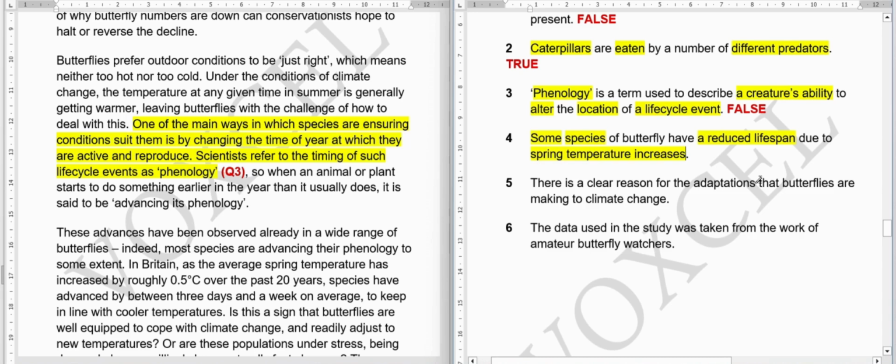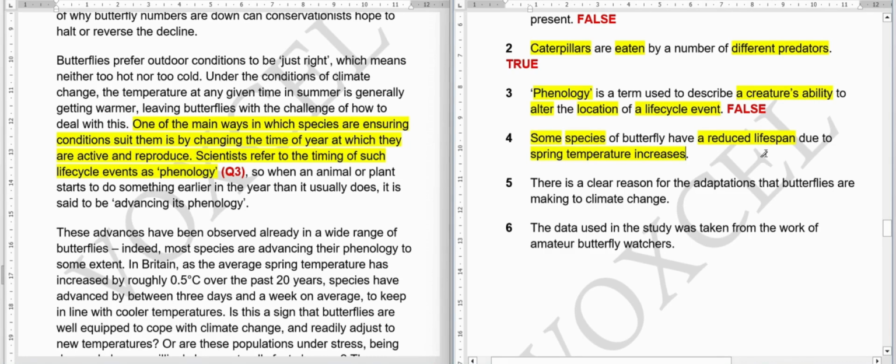But if the lifespan is the same, or the lifespan increased instead of reducing, the answer will be false. Or if the life cycle is the same, the answer will be false.